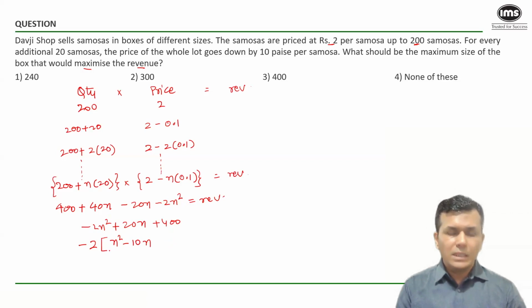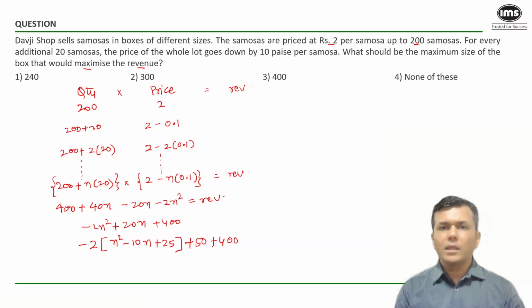Similarly, can I say that this is n square minus 10n? So the last term has to be 25 to make it a perfect square. So what I've actually done here is minus 2 into 25. So currently 50 is what we have subtracted, right? Now, because we are subtracting 50 to balance, we need to add 50. And this 400 is already there in the question.